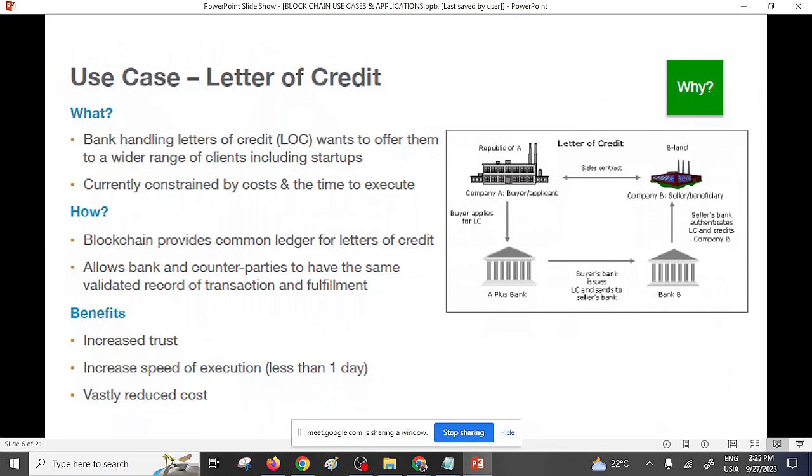In banks also, they provide the letter of credit, right? So for example, there are issues when the bank wants to give you some money, right? So there are problems, as you can see. But how is this blockchain technology going to help these banks in giving out this facility? It will provide a common ledger.